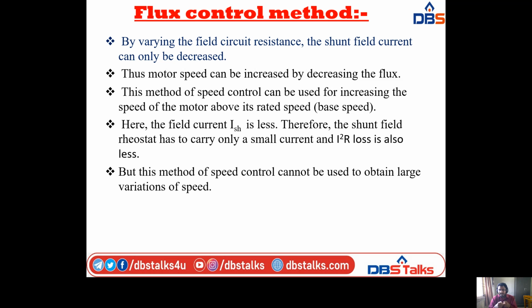That's why the field current is less, and the I square R loss is also less. But this method of speed control cannot be used to obtain large variations of speed.